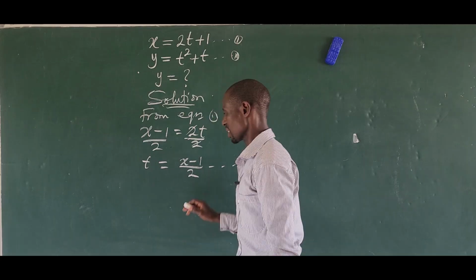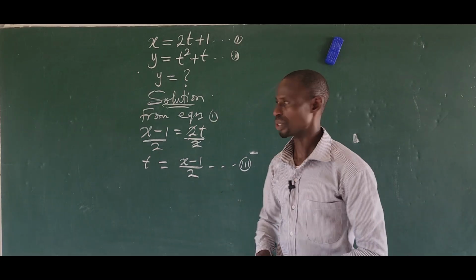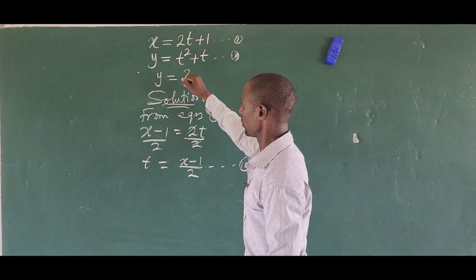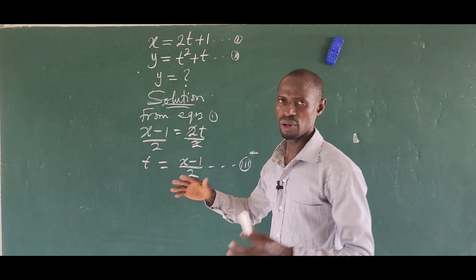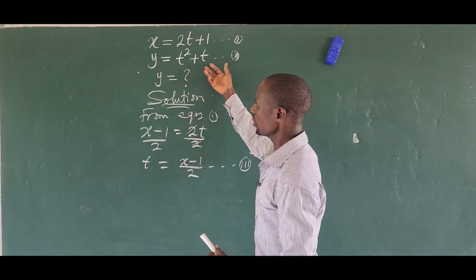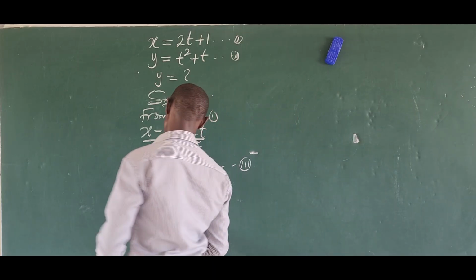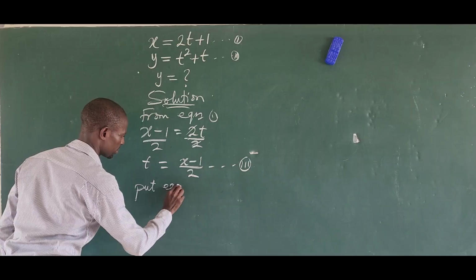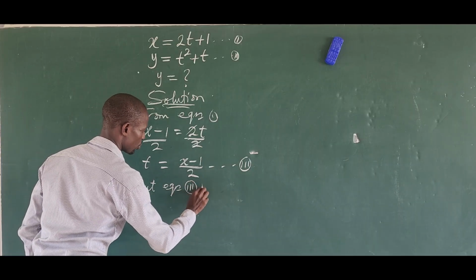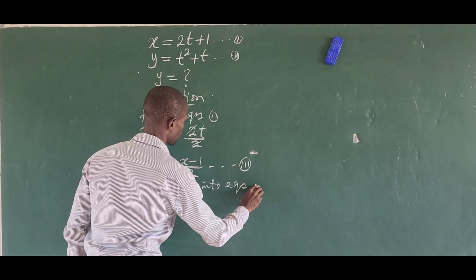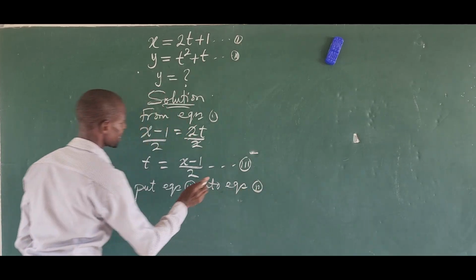If we have this as equation 3, let's look at equation 2. We have y equal to t to the power of 2 plus t. So we're going to substitute the value of t into equation 2. So we put equation 3 into equation 2.